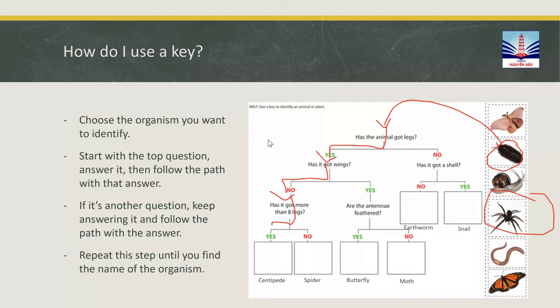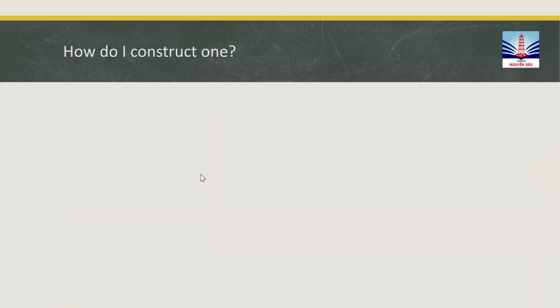So now that we know how to use a key, we need to know how to make one. First, you need to think of a question that splits the organisms you want to make into a key into only 2 groups. Remember, only 2 groups.